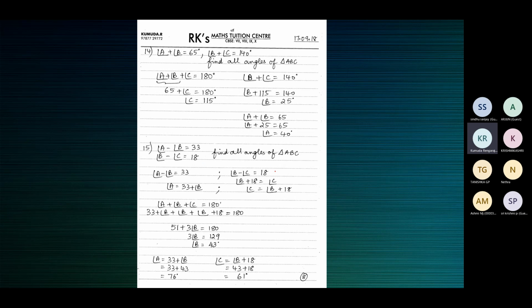This should be minus, right? Angle B minus 18 is equal to angle C. Angle C is B minus 18. Nobody found this mistake?